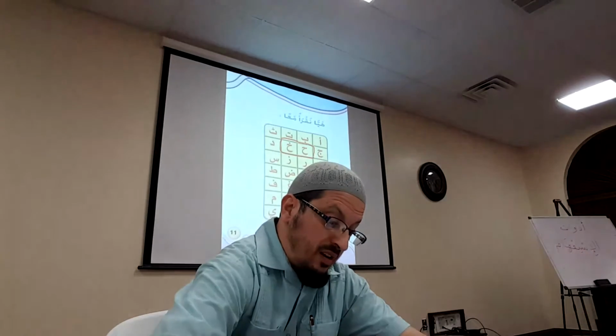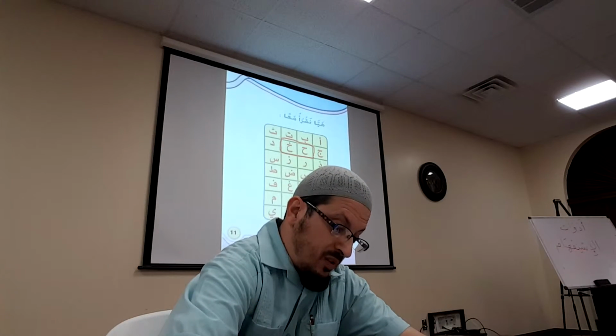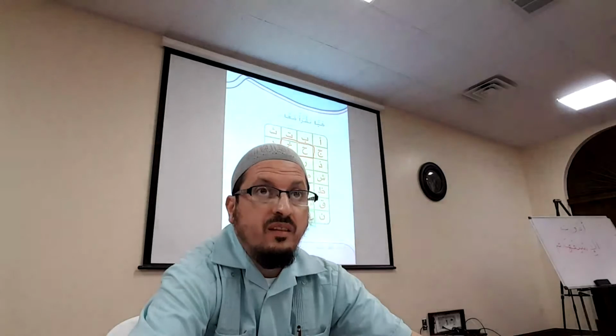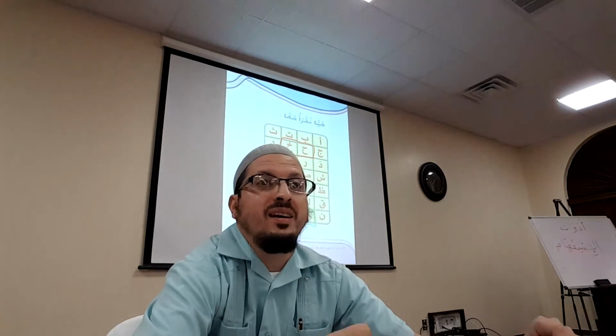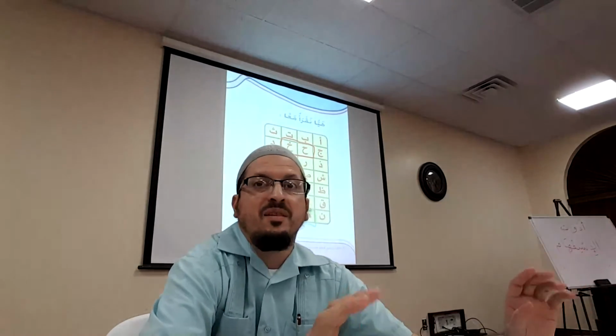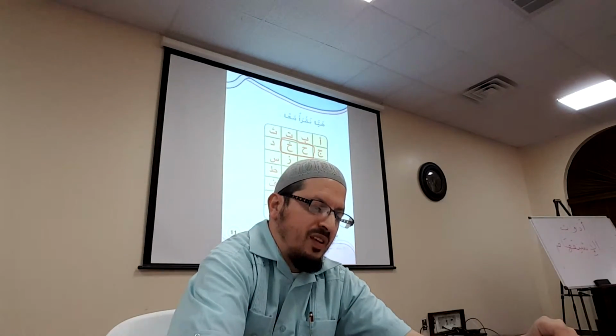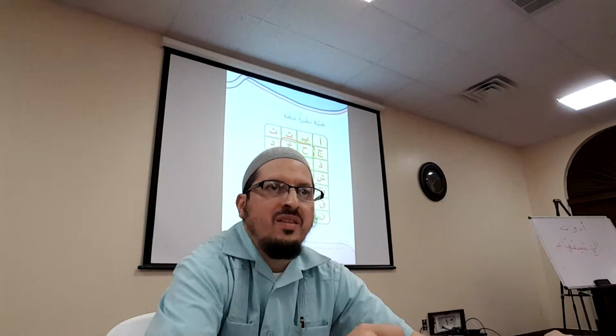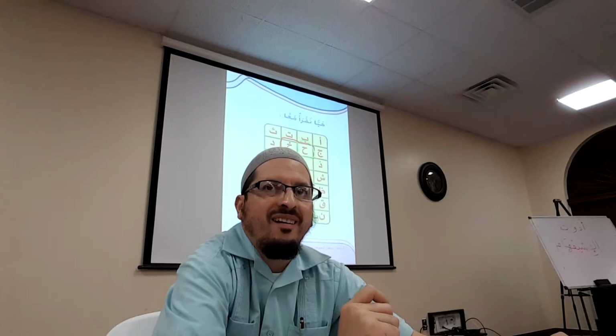Now, why is it important to pronounce this correctly? Because there's another letter here. You see that letter right there? Sounds ha, very light. So if you don't deepen this one, then it will come out like that one.